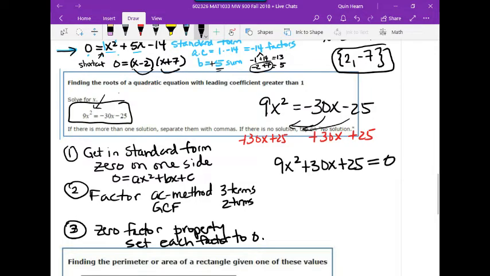Okay. In this problem, we're going to use the AC method. Because we have a 3-term quadratic polynomial, we're going to multiply the A, which is 9, times the C, which is 25.